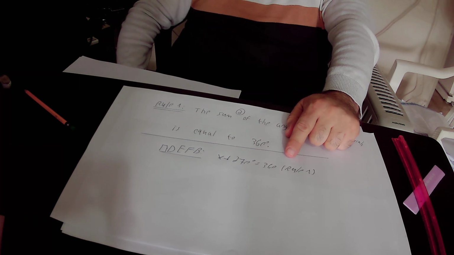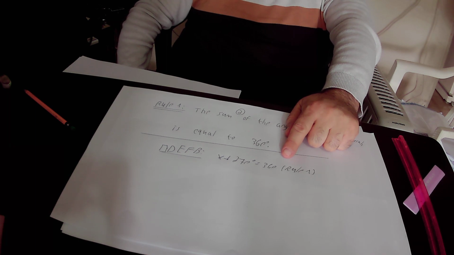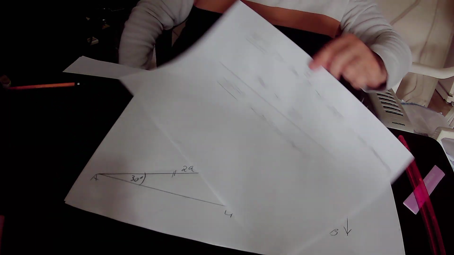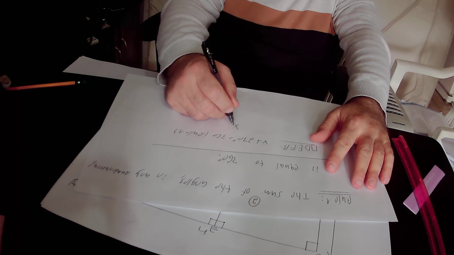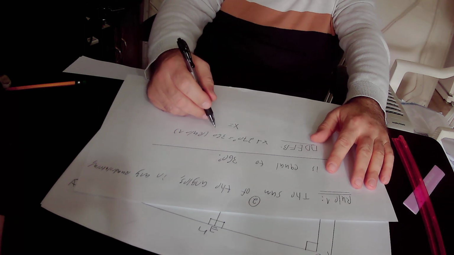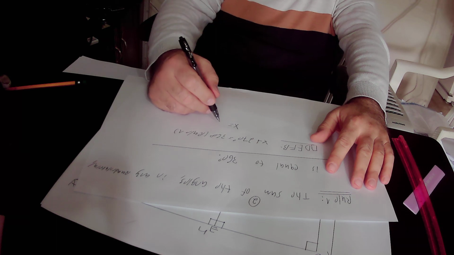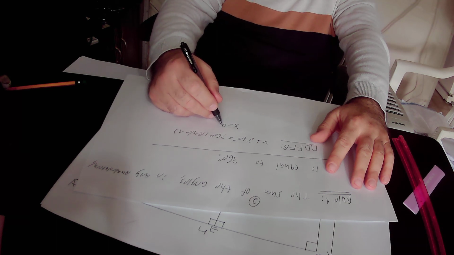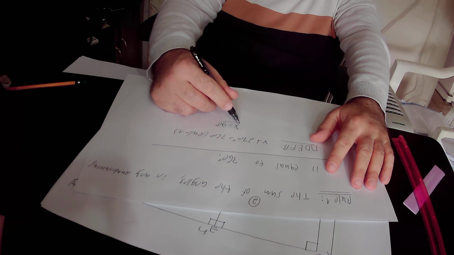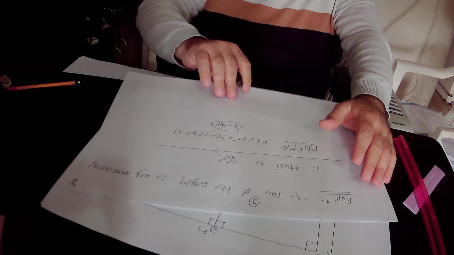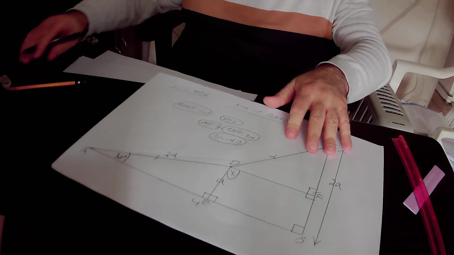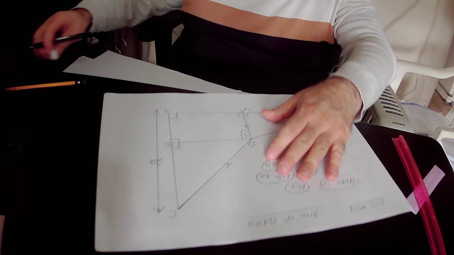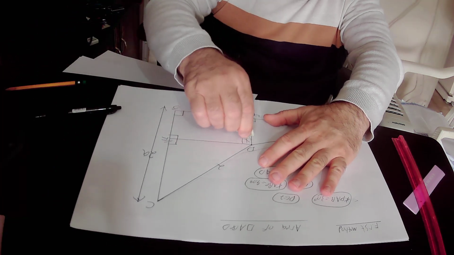Here we will subtract 270 degrees, and we will get that angle X equals 360 degrees minus 270 degrees, which is 90 degrees. So we found out that angle X is a right angle, equal to 90 degrees. So we substitute angle X by a right angle.